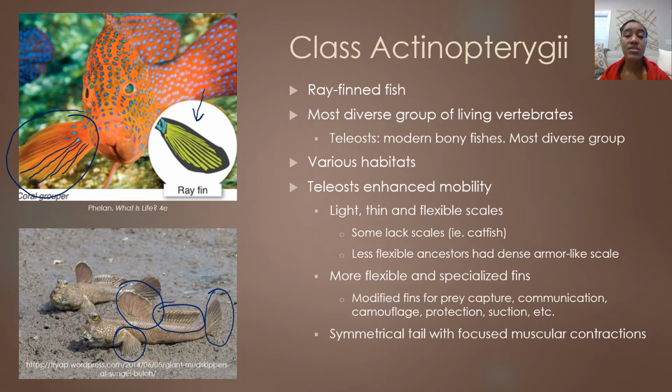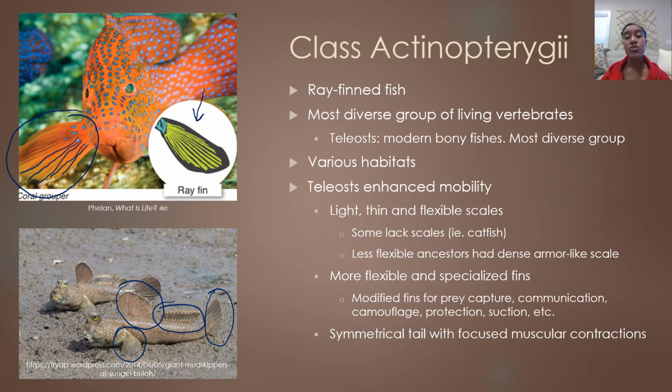And this is because some ray fin fish that are alive today have characteristics that more closely resemble the shared common ancestor of all ray fin fish, rather than some modified derived characteristics that teleost fish have. And so teleost fish have a couple of adaptations that have allowed them to be exceptionally successful on this planet. And one of these adaptations is the development of light, thin, and flexible scales.